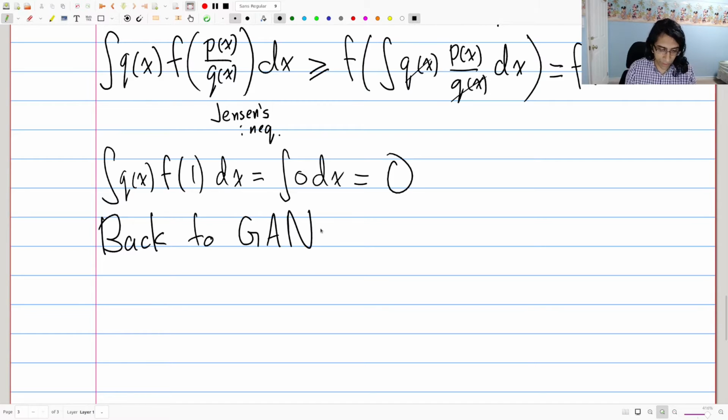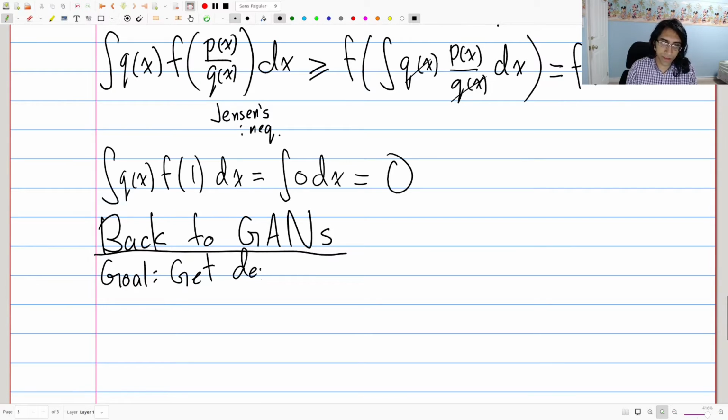So let's recall what our goal is with GANs. Our goal is to get the density q of theta to be approximately equal to p. I'm just using q of theta to represent the density function over the same domain.